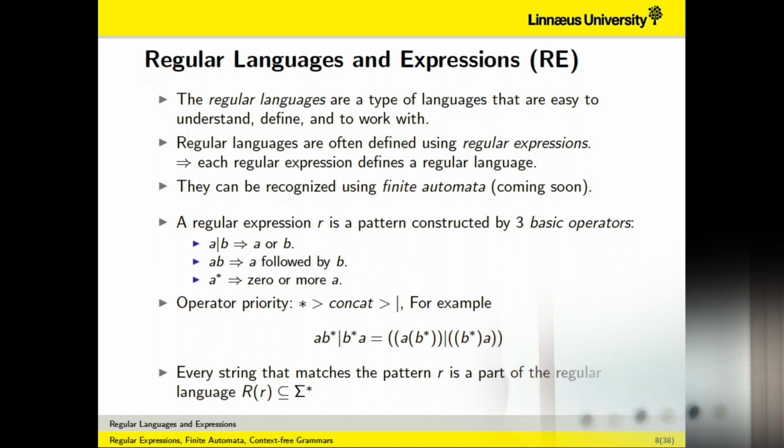For example, if you have an alphabet A and B, we can use the alternative construct, A or B, and concatenation, A followed by B, and then multiplicity, the star symbol. If you write A star, it means A can be written 0 or more times. Okay.